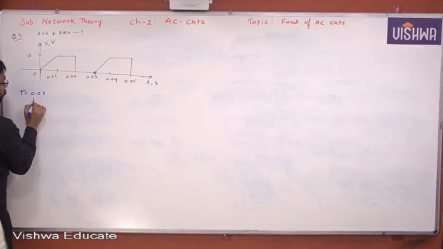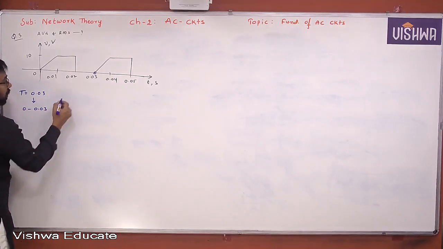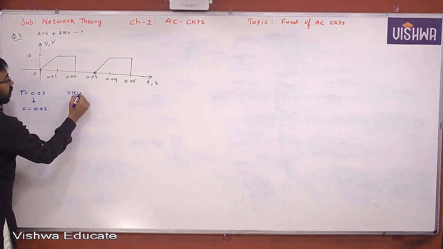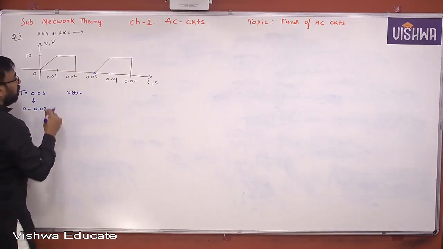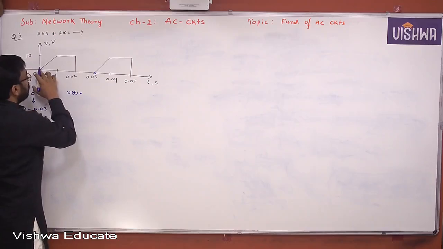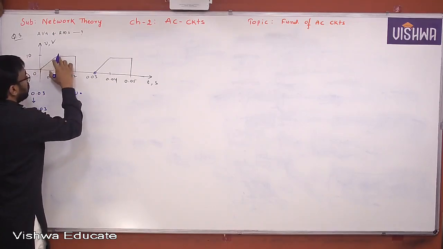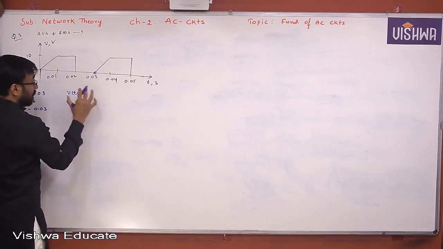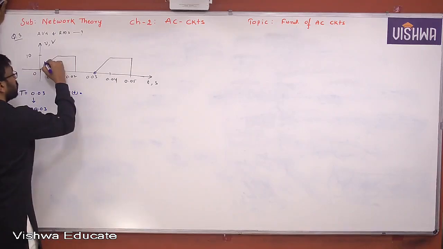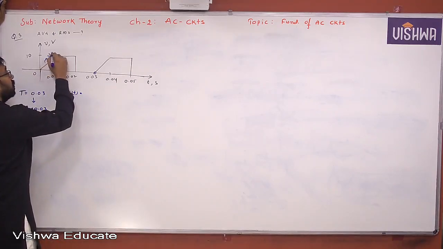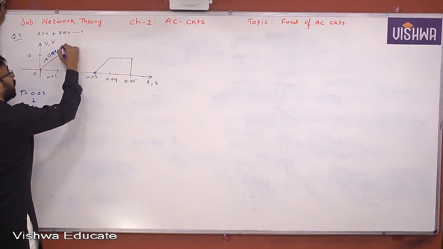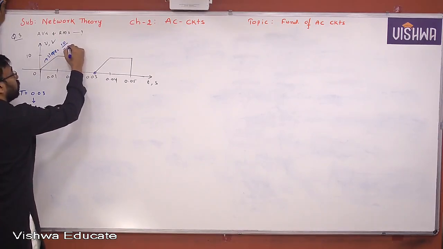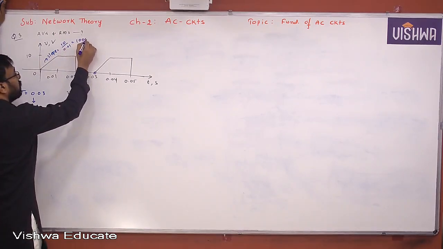0 to 0.03, yes or no? Let's define mathematically what V of t is. Look at this. A line passing through the origin, then constant, then 0, yes or no? So all these combinations you have. So what is the slope of it? Slope is 10 by 0.01, nothing but 1000.